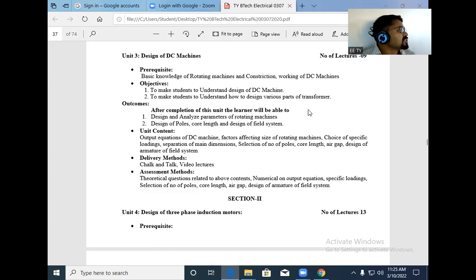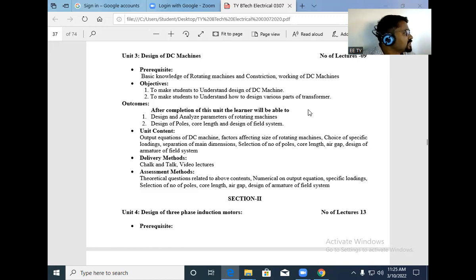In the transformer there is no question of number of poles. Did you ever see poles in a transformer? No. It is applicable in DC machines, induction motors, and synchronous machines. So in the examination, if a question is given and the number of poles is given, by default you have to understand that this question is related to the design of rotating machines.